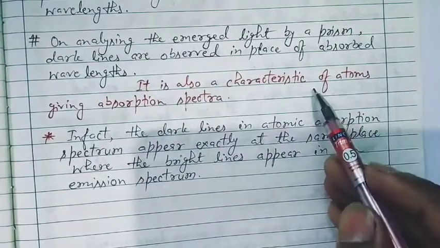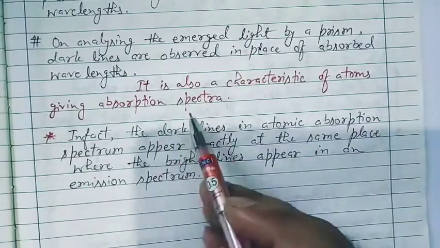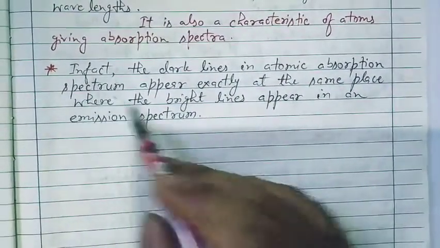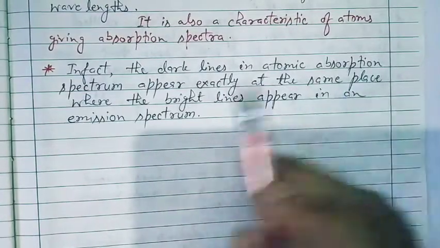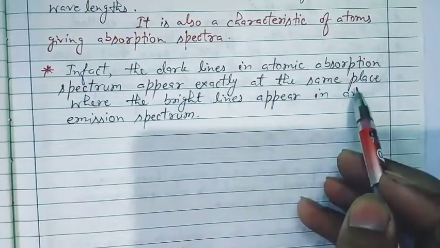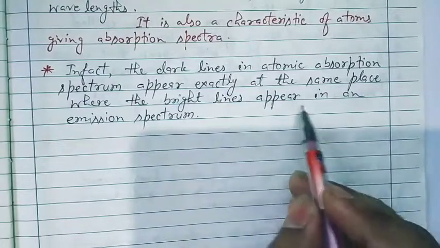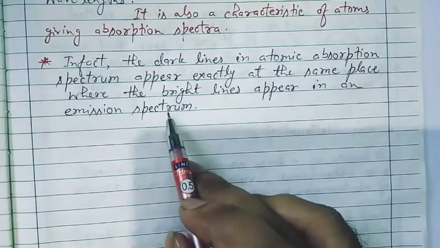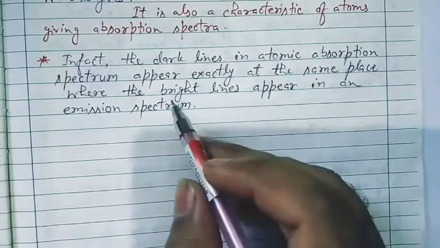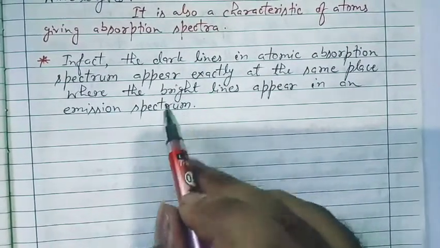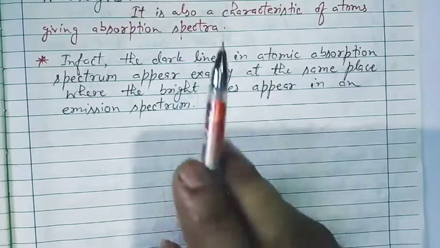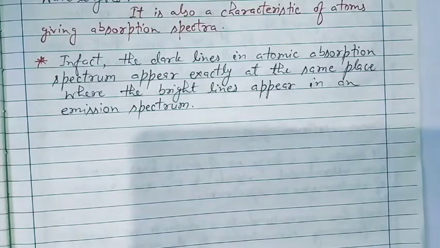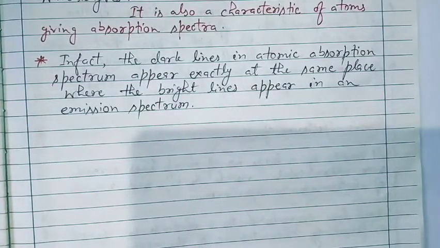It is also a characteristic of atoms, so both have the same characteristic properties. In fact, the dark lines in an atomic absorption spectrum appear exactly at the same places where the bright lines appear in an emission spectrum. That means the wavelengths shown by colored lights in the emission spectrum of a metal appear as dark lines in its absorption spectrum. So this is the difference between emission spectra and absorption spectra.